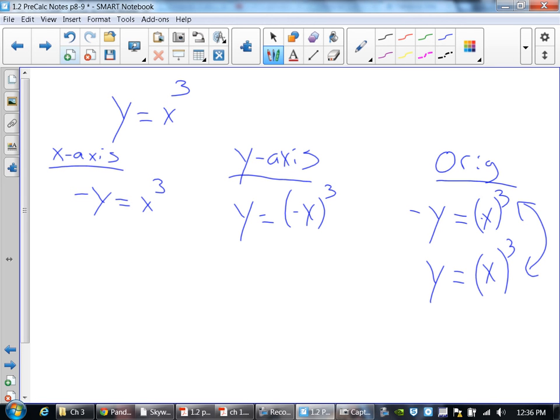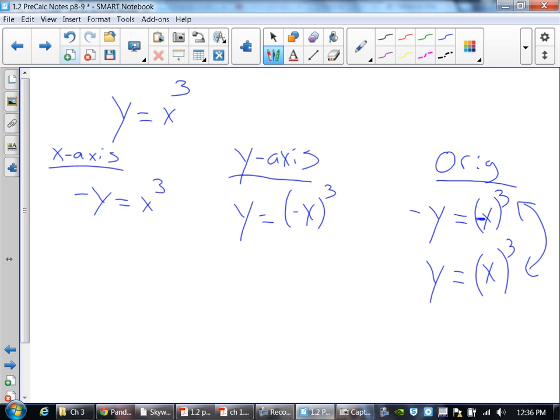If I change these things through, if I take ordered pairs, pick a value of x to generate a y, 2. 2 cubed is 8. Okay? Negative 2 cubed is negative 8. If I take those ordered pairs, 2, 8, and change both of those signs, it's still a valid thing. They both fall into place.